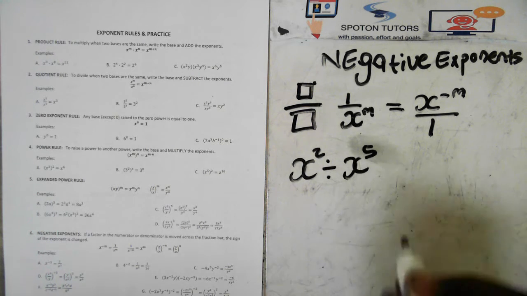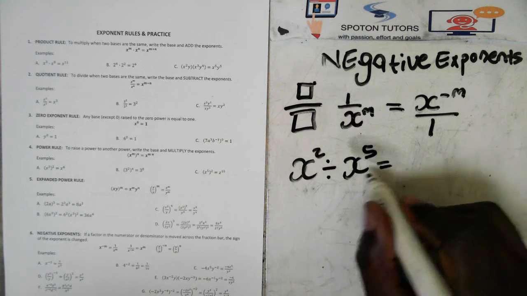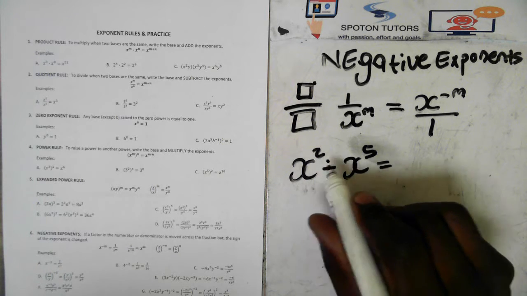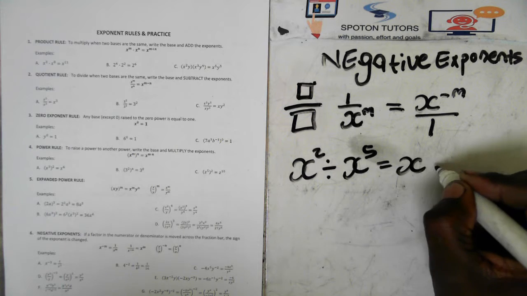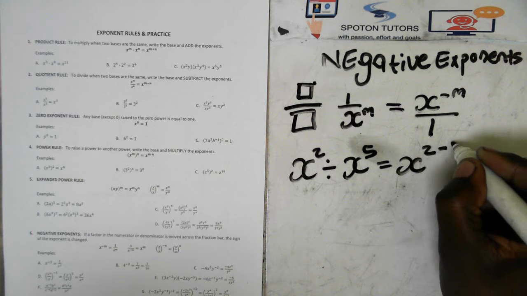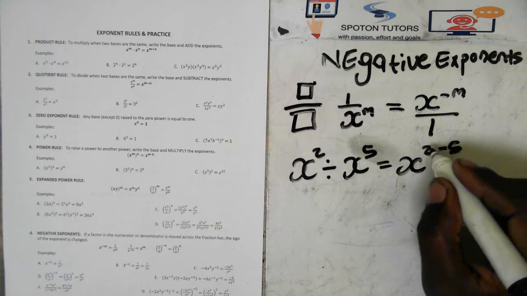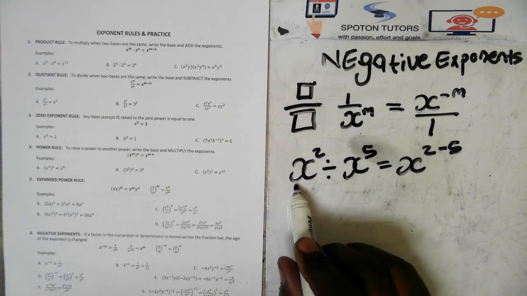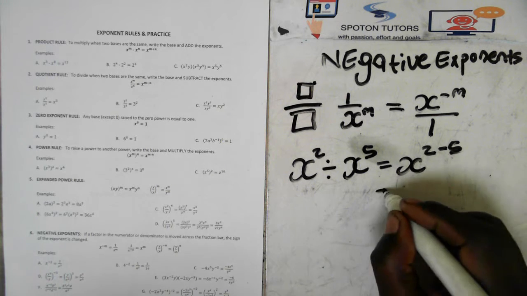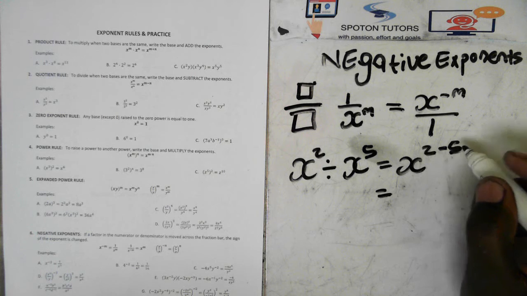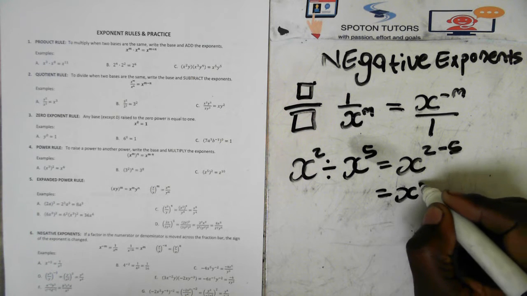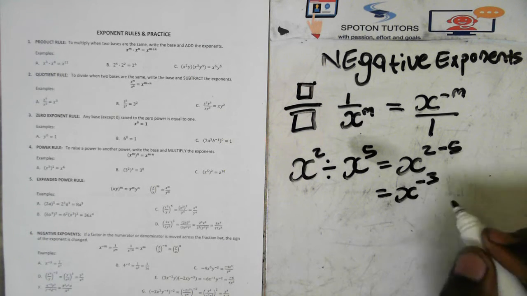The rule says when you divide the same terms, subtract the exponents. So you're going to have x to the power 2 minus 5. We don't say 5 minus 2, because you subtract in the order in which they appear. So 2 minus 5 is minus 3, and your answer becomes x to the power minus 3.